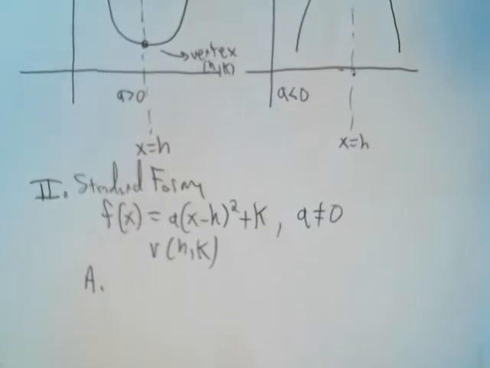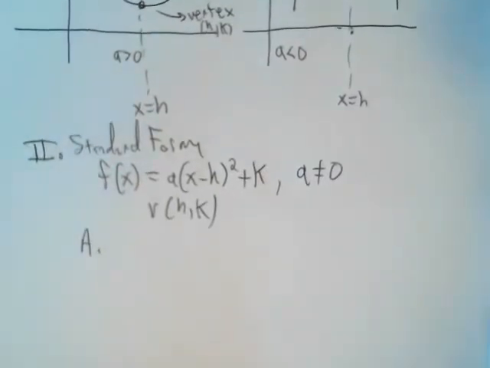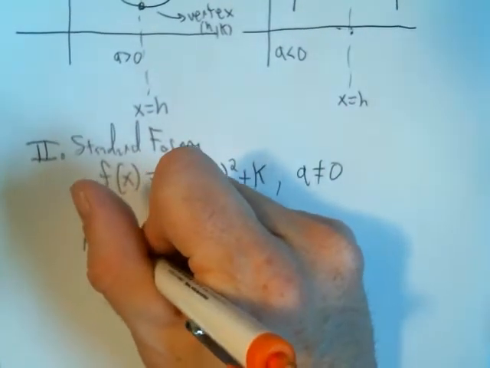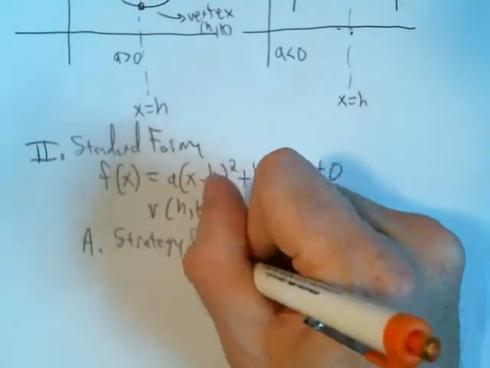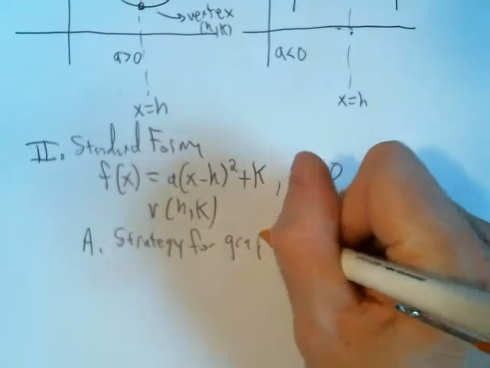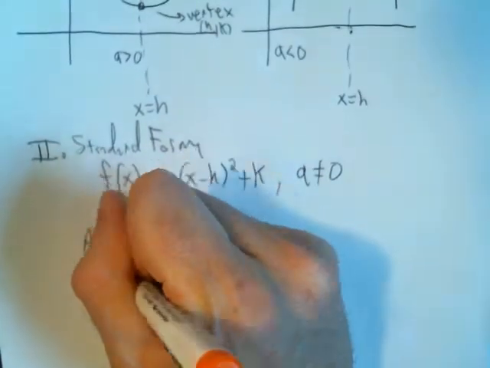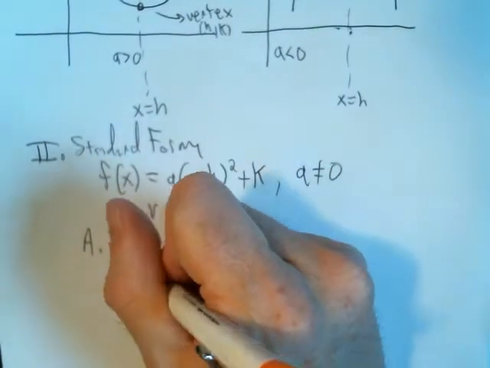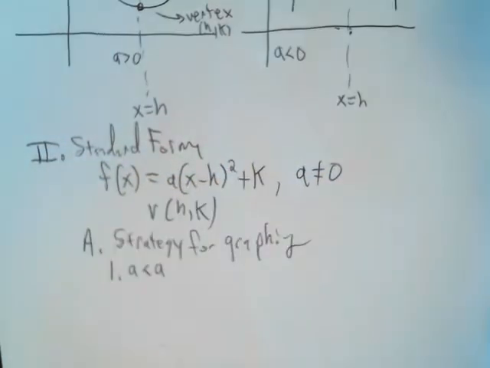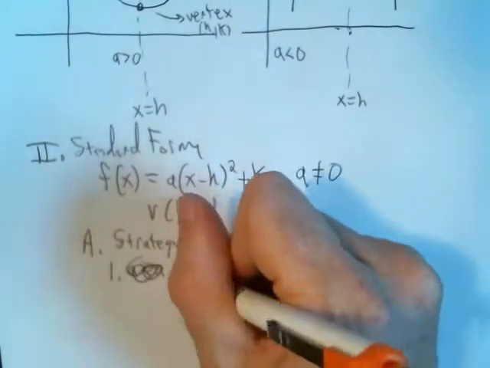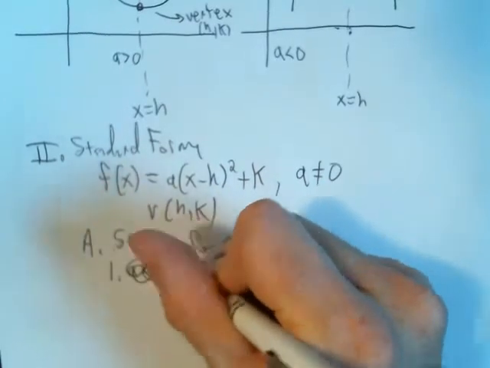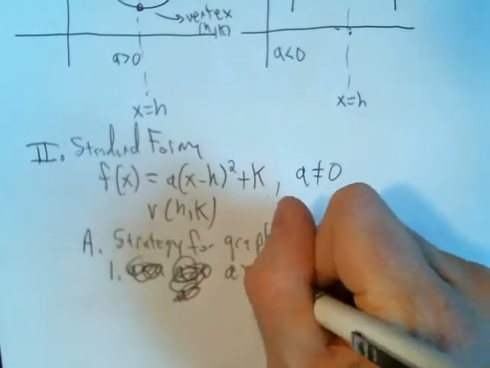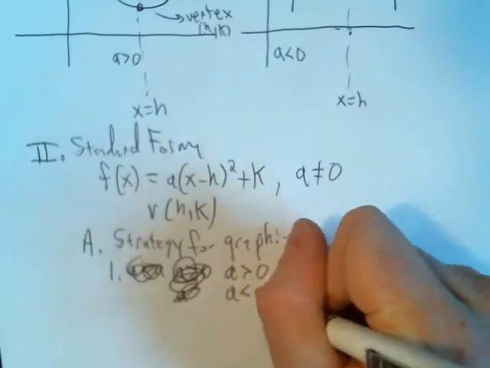All right, so let's look at graphing. We want to spend some time graphing this as a basic rule or protocol or strategy to follow. The first step is to look at that a, okay? In particular, you'll see if it's greater than 0 or less than 0. Right?